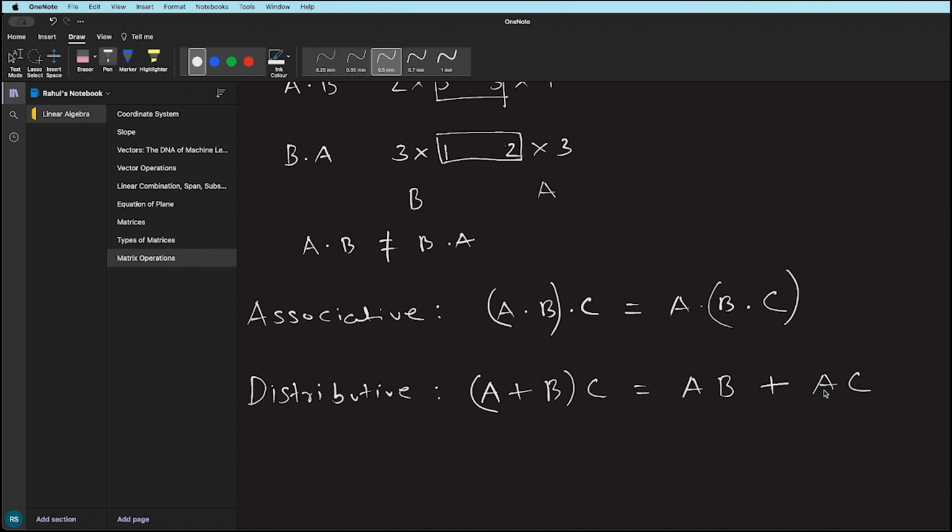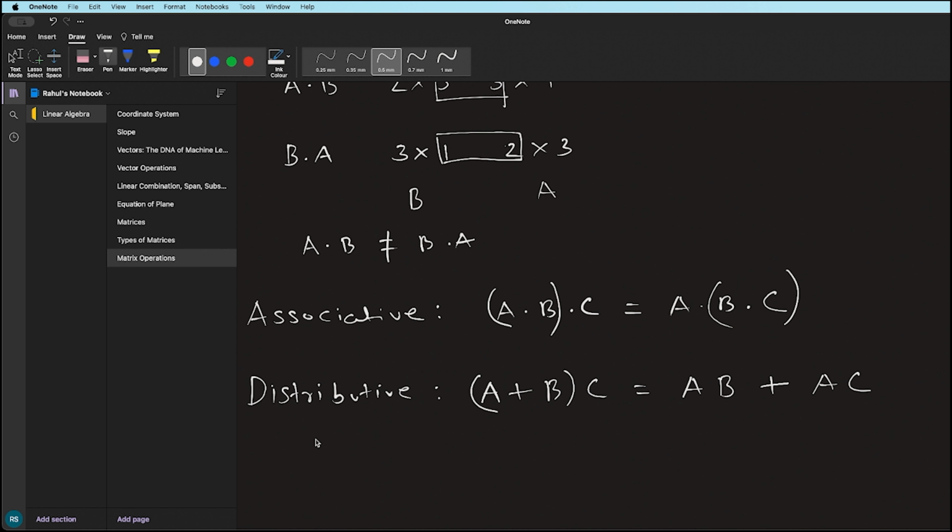So in this case, adding the sum of matrices A and B and multiplying by C is the same as A dot B plus A dot C.